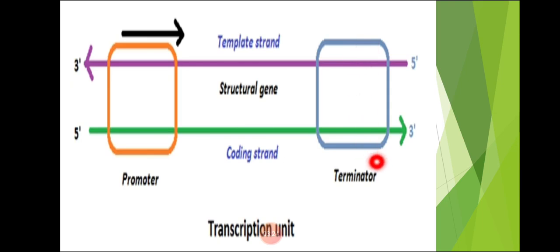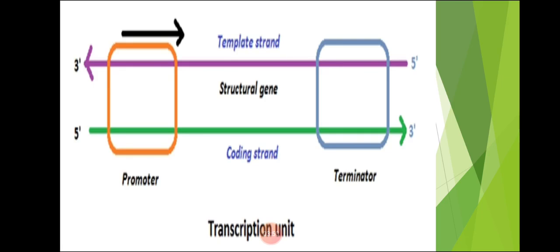The strand that runs in 3' to 5' direction is called the template strand, also known as the antisense strand, and it participates in the process of transcription.